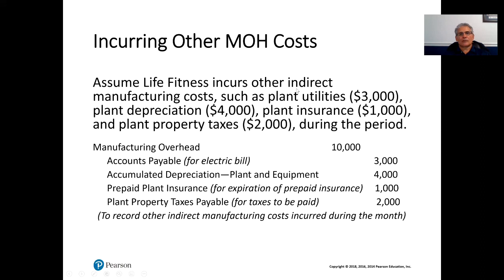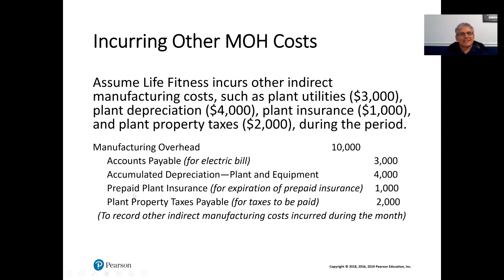Assume Life Fitness incurs other indirect manufacturing costs, such as plant utilities, plant depreciation, plant insurance, property tax. Everything is listed right here. It's broken down on this slide, but it's going to take me forever.